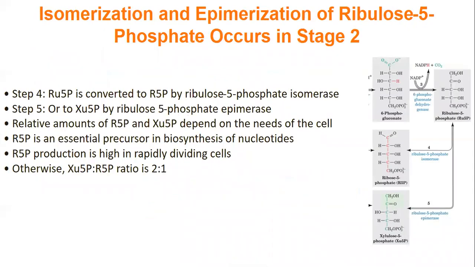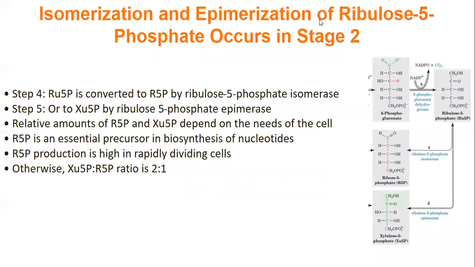So stage 2 is that we take our ribulose 5-phosphate and we're going to convert it into 2 different things. We're either going to convert it into ribose 5-phosphate, R5P, or we're going to convert it into xylulose 5-phosphate, XU5P.